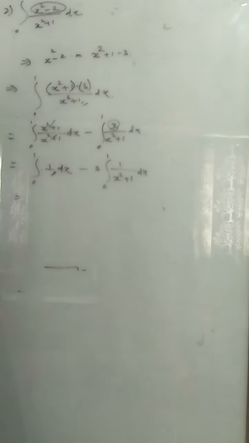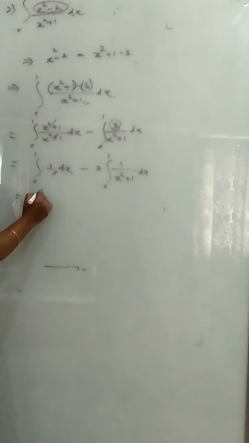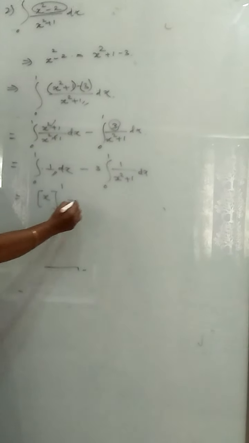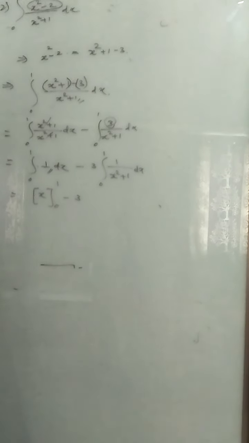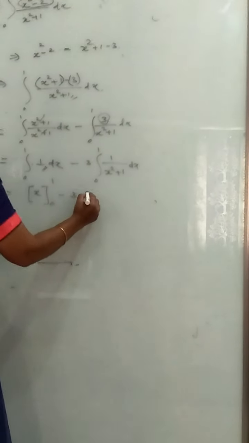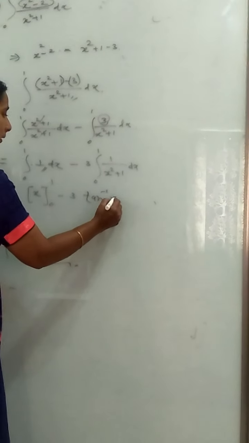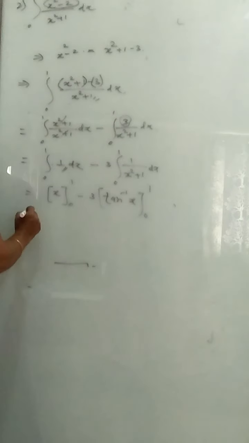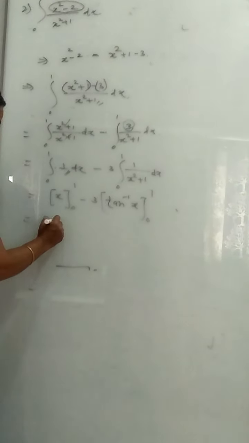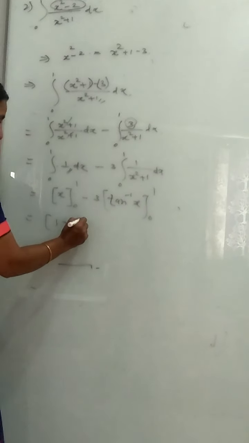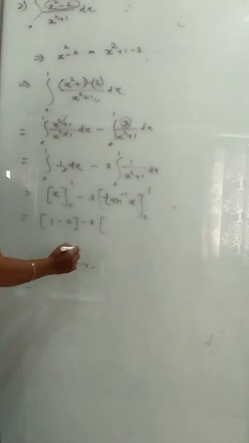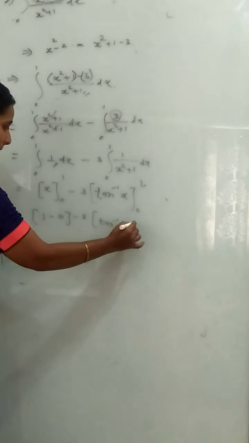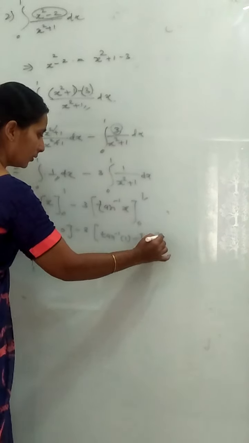Then the integration of this term is x, with limit 0 to 1. Minus as it is, we have to know the integration of 1 upon x square plus 1, that is tan inverse of x, with limit 0 to 1. Then substitute the upper limit 1 minus the lower limit 0, minus 3 as it is, and upper limit 1 tan inverse of 1 minus tan inverse of 0.